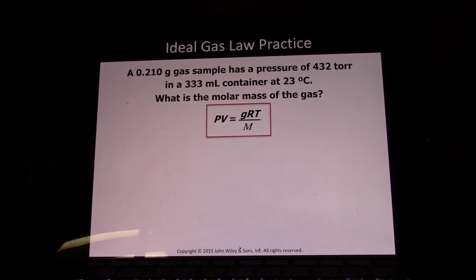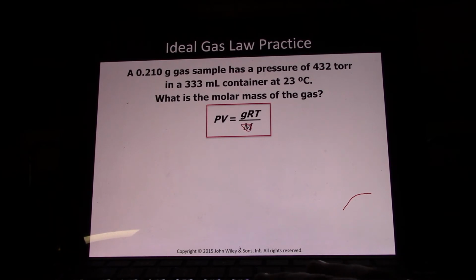So a 0.210 gram sample of gas has a pressure of 432 torr in a 333 milliliter container at 23 degrees Celsius. What is the molar mass of the gas? Well, we're using the alternate form of the ideal gas law. We're replacing moles with mass divided by molar mass, because grams divided by moles is the same thing as grams times moles divided by grams, which is moles.